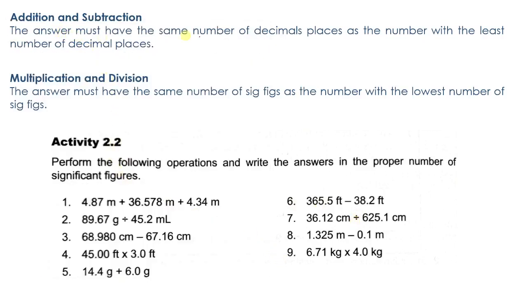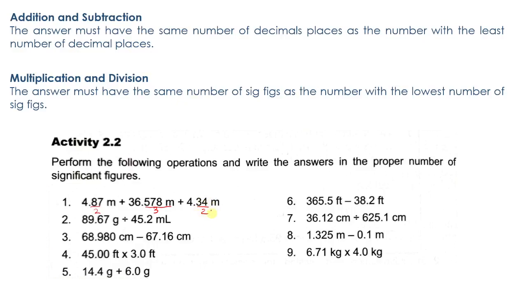So for addition, the answer must have the same number of decimal places as the number with the least number of decimal places. So just count the decimal places on the given numbers. For the first number, we have 2 decimal places. Here we have 3 decimal places. Then here we have 2 decimal places. Again, look at the lowest number of decimal places. So that's 2, right? So the answer must also be rounded to 2 decimal places.